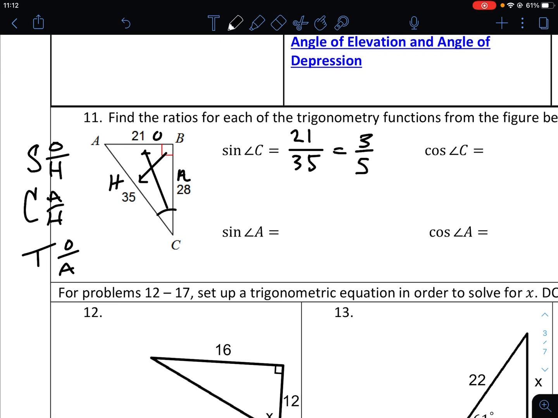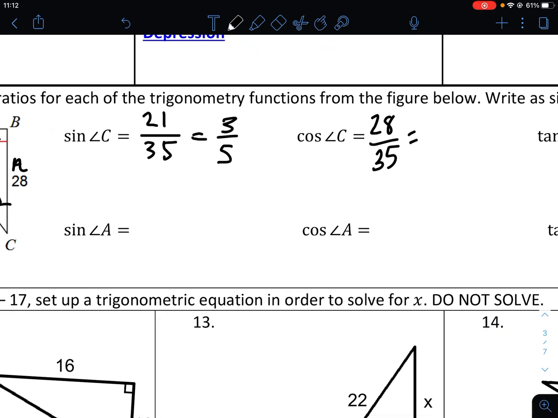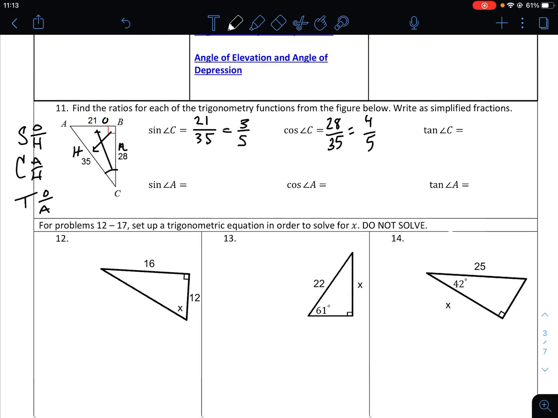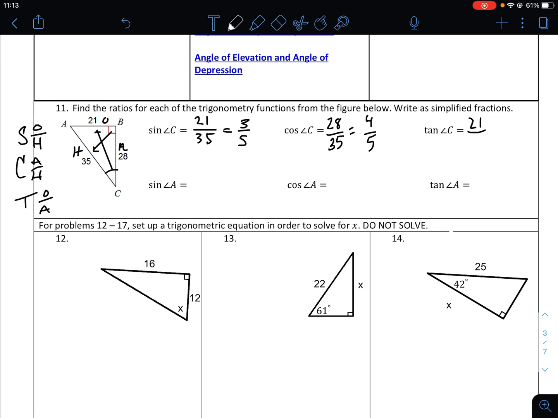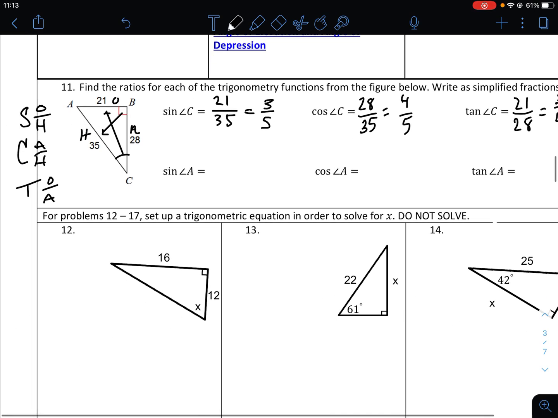Cosine of angle C, adjacent over hypotenuse, is 28 over 35, both divisible by 7, is 4/5. And then finally, the tangent of angle C, opposite 21 over adjacent 28, divide both of those numbers by 7, leaves me with 3/4.